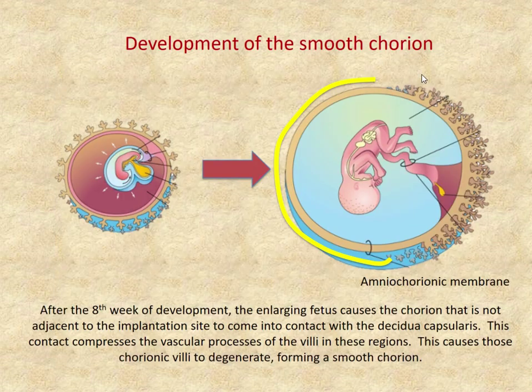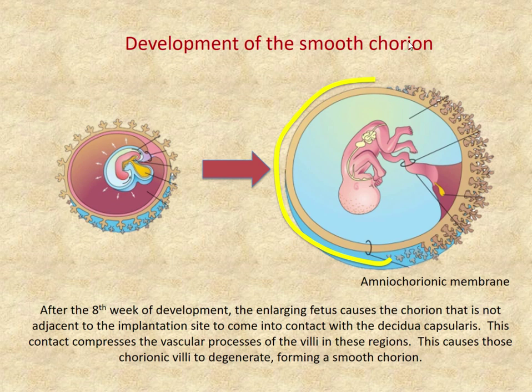Okay, so at the beginning, the chorion has villi that are projecting all over, all around its surface. But the fetus actually enlarges so that the amnion is going to come up and contact the chorion, but even before that, the chorion is also going to come in contact with the decidua capsularis.